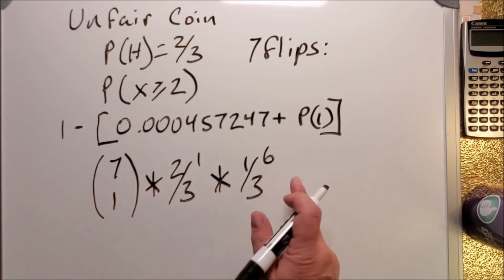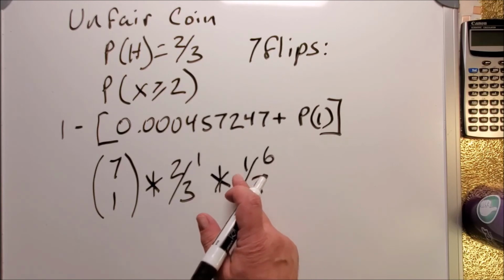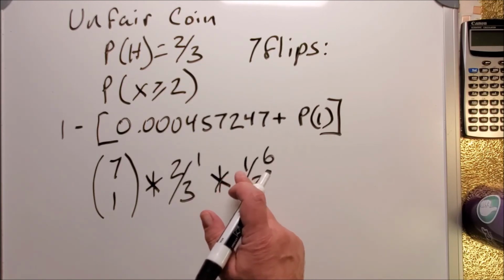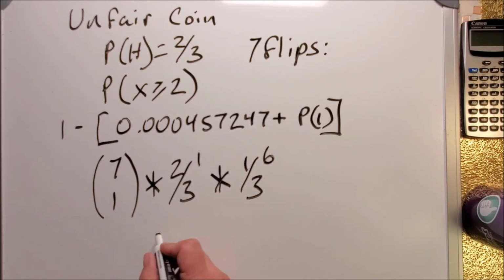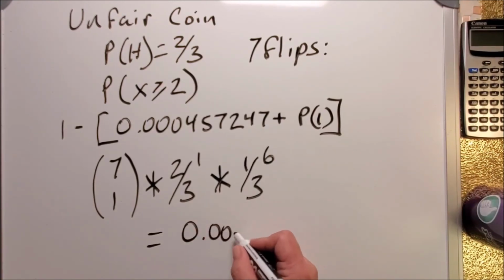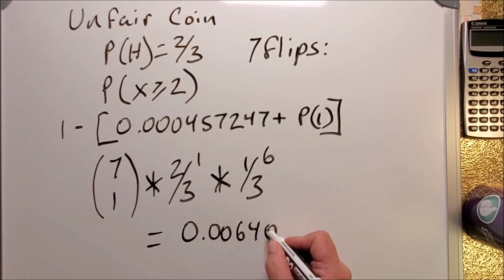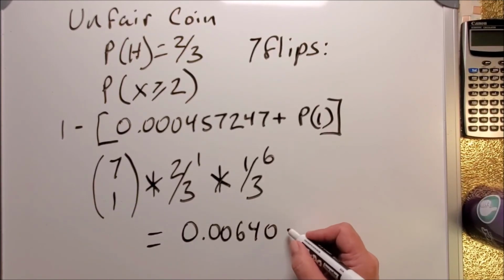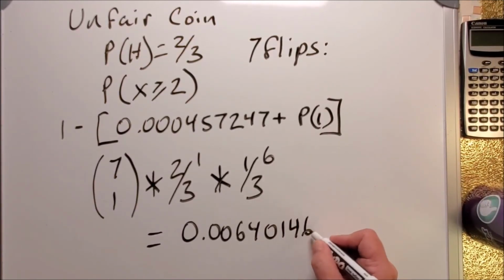So we're going to calculate that out. I think you're at the point where you can probably do that on your own. That's going to give us 0.006401463. Let's add that in.